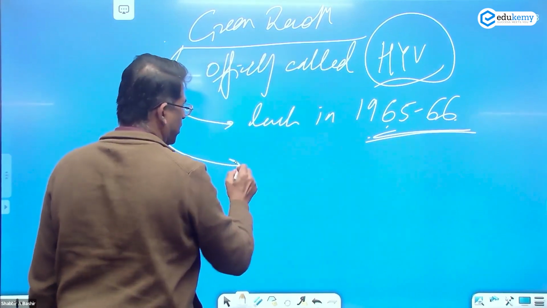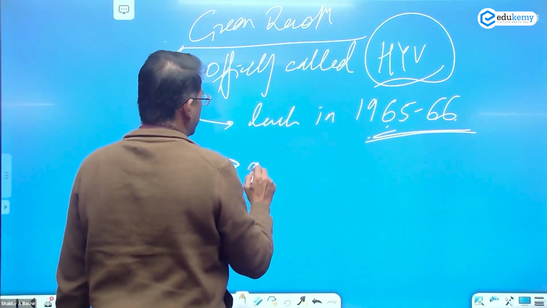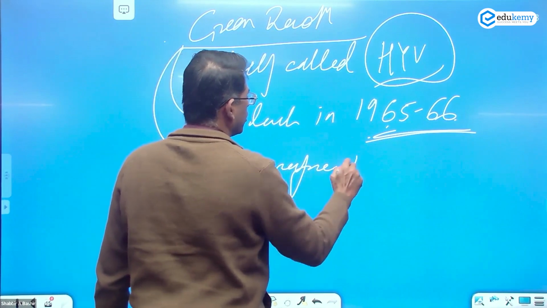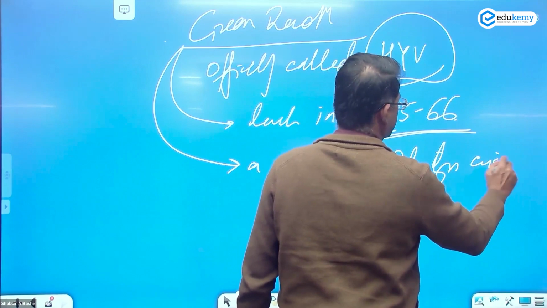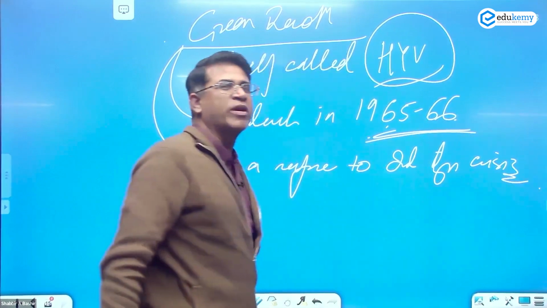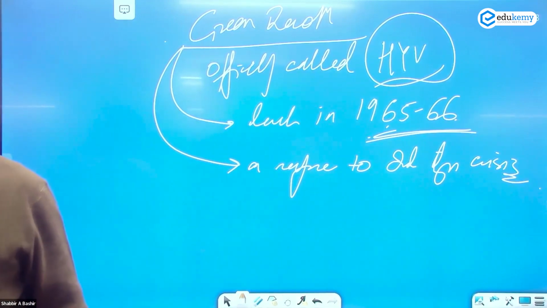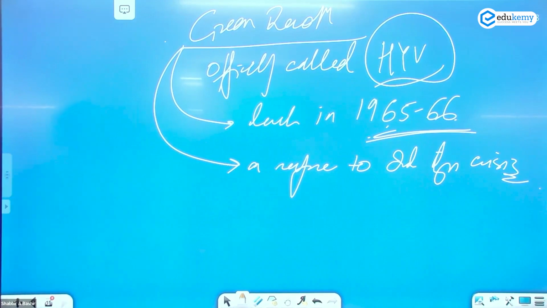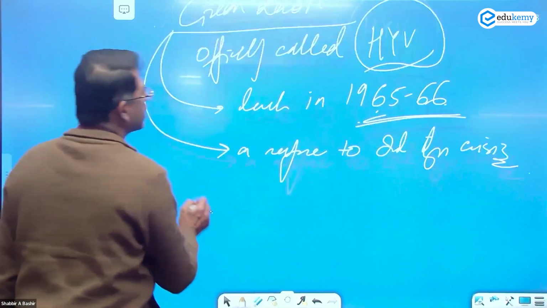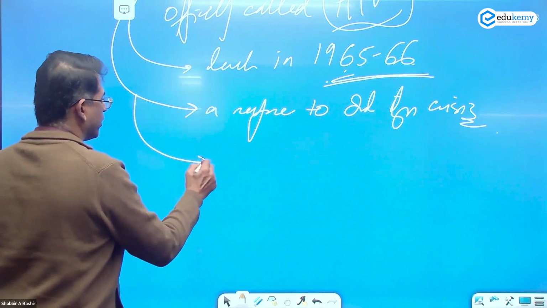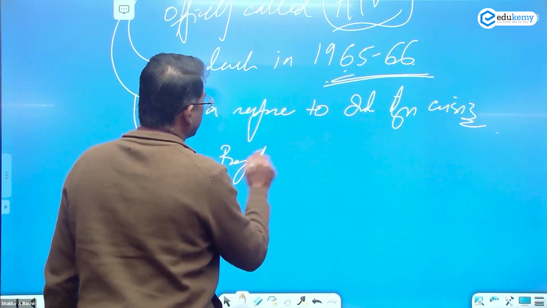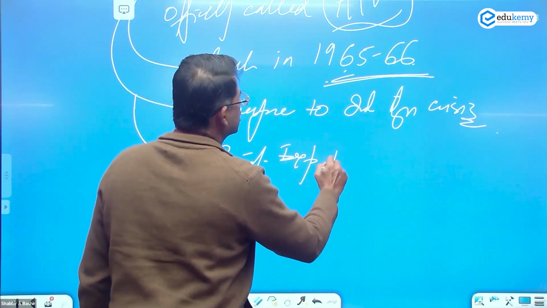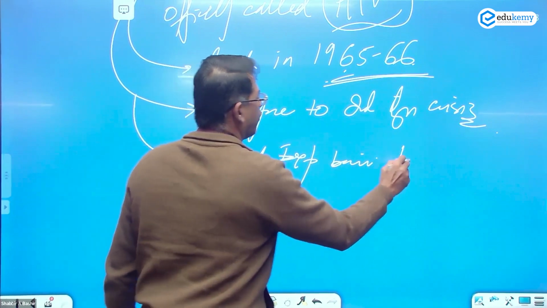Green Revolution was a response to India's agricultural crisis. Okay? In India it was first tried on a project experiment basis.